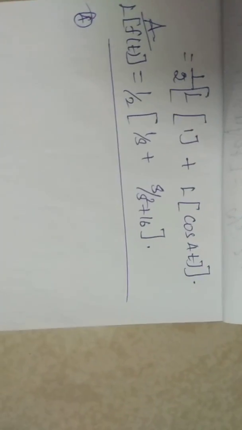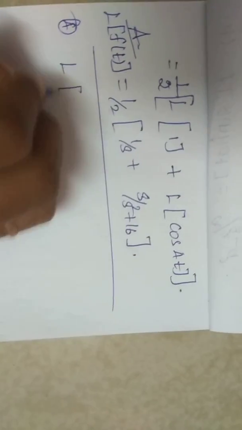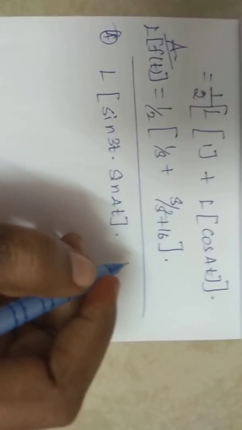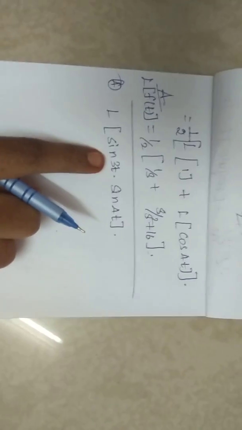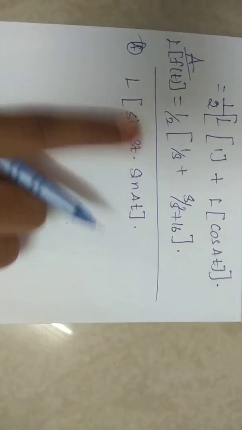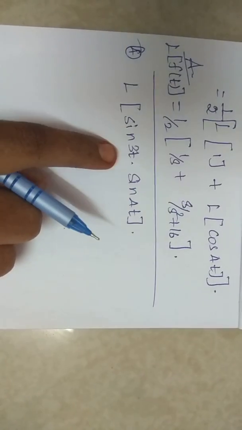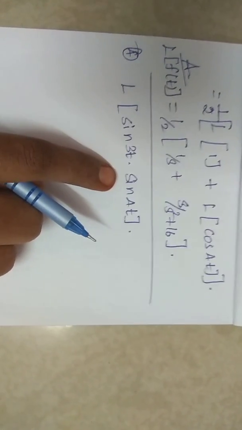So fourth problem. Find L of sin 3t sin 4t. If it is sin 3t plus sin 4t, we can split into two terms and use the formula for L of sin at to find the answer directly.